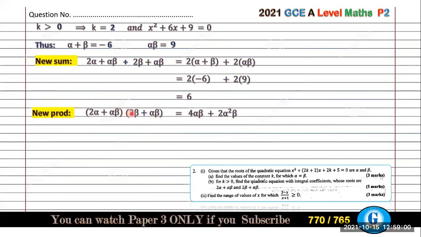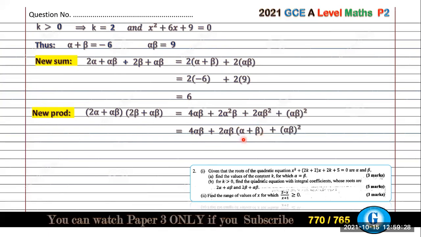Now alpha beta times 2 beta will give us plus 2 alpha beta squared, and alpha beta times alpha beta will give us alpha beta all squared. So we can bring like terms together and do some modification. For 4 alpha beta plus 2 alpha beta into, here we'll have alpha, and with this one we'll have beta. And then we continue with our alpha beta all squared.